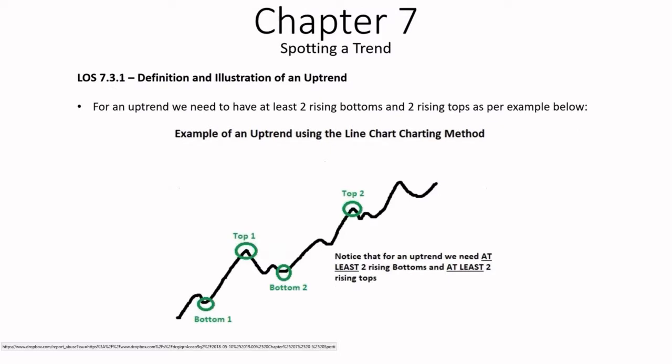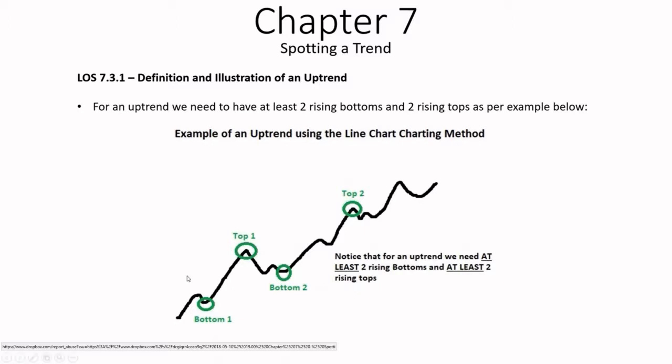Definition and illustration of an uptrend. So what does an uptrend look like? Now, for simplicity purposes here, I have used a line charting method, which is generally understood by everyone. For an uptrend, we need to have at least 2 rising bottoms and 2 rising tops as per the example below.